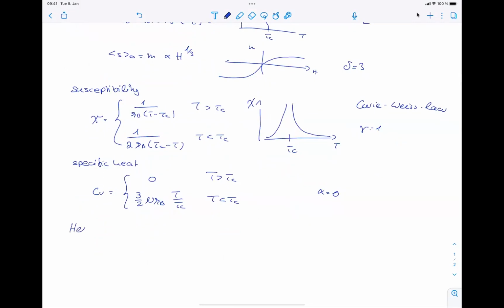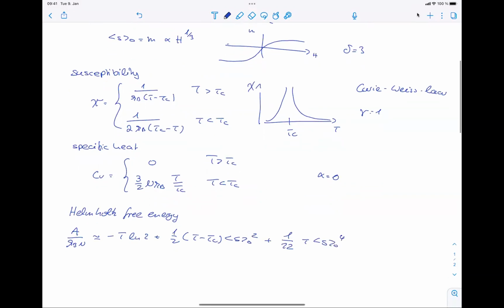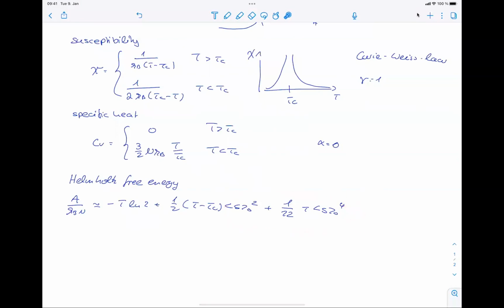Last, we derived the Helmholtz energy to read, and so we saw that this is a quadratic, a 4th order polynomial in the magnetization.